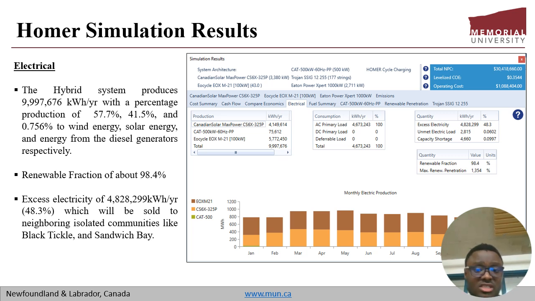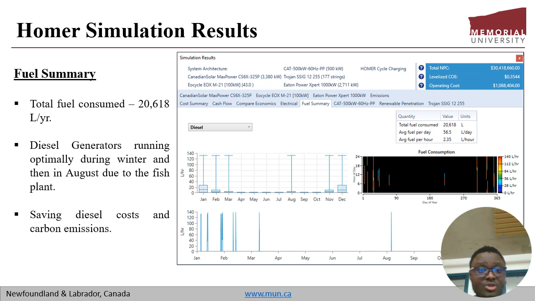Okay, so this is the electrical result that we got from Homer. Now going forward, you can see the full summary. The reason why we brought this is to show us the gains that we get from this hybrid system with more focus on renewable energy.